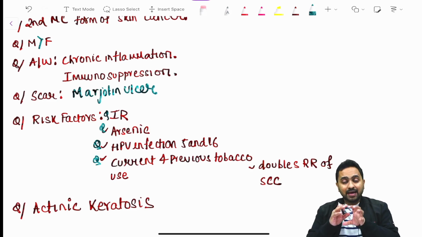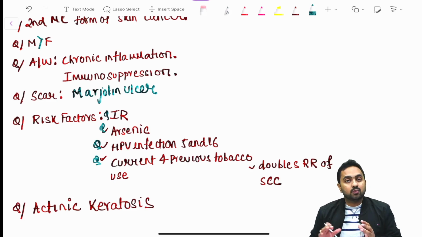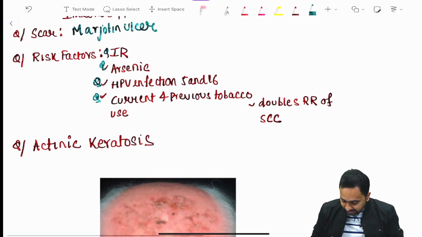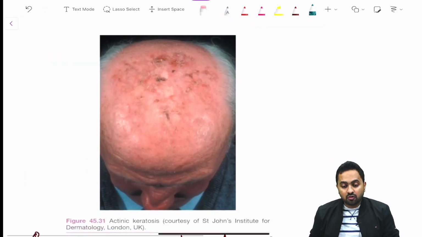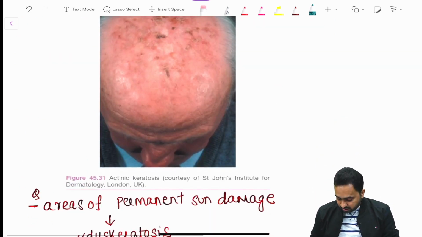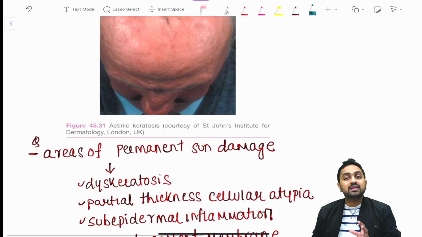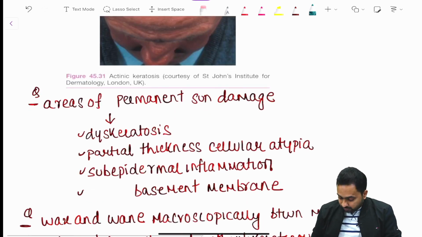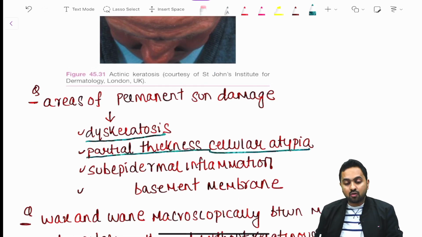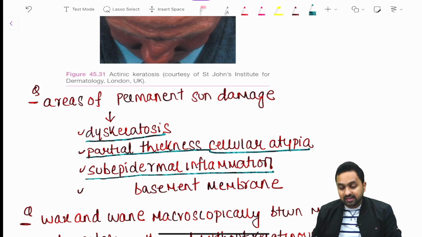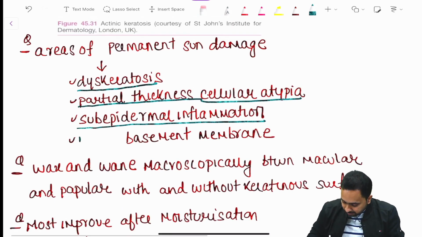Then there are a few entities which need to be discussed along with the squamous cell carcinoma, like actinic keratosis. Now this is the image of your actinic keratosis. So these are areas of permanent sun damage at which dyskeratosis occurs, partial thickness cellular atypia occurs, and subepidermal inflammation occurs, and the basement membrane is intact.